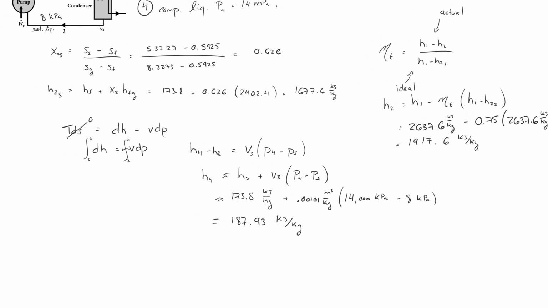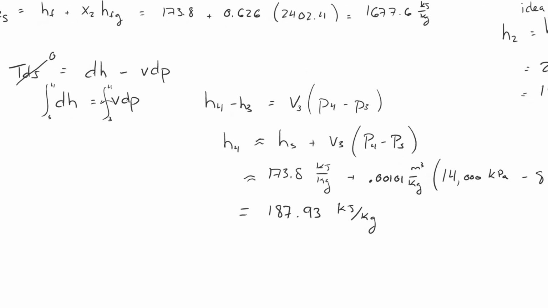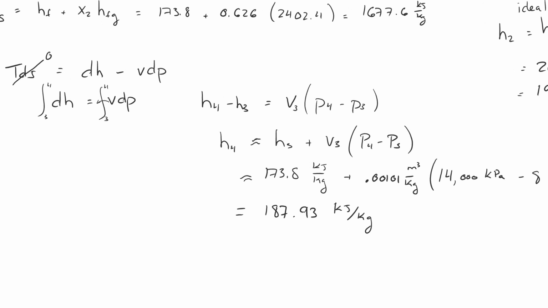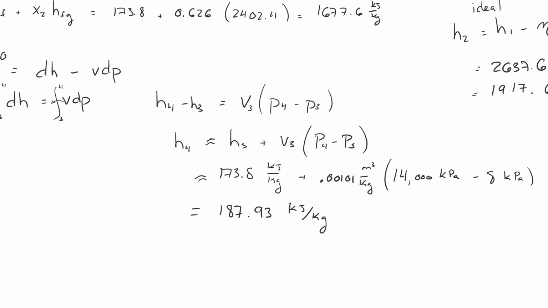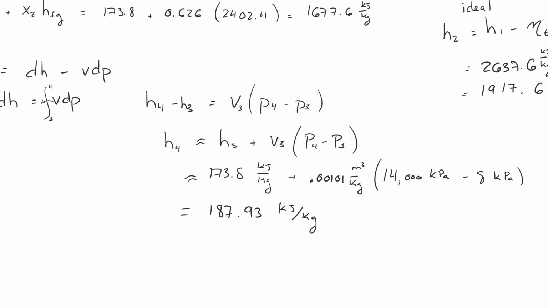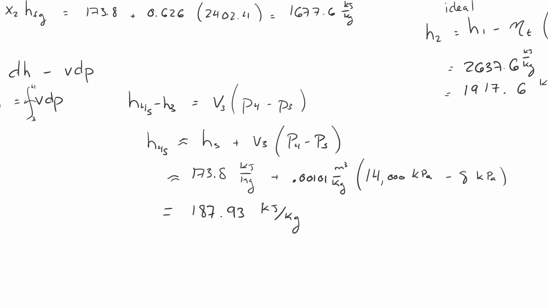Okay, so now let's look at the work that we did previously to find H4. All right, so we assumed that there was no entropy change and formed this convenient relation, which you will have seen in lecture. But we were doing that for an ideal pump. So this now represents H4S.